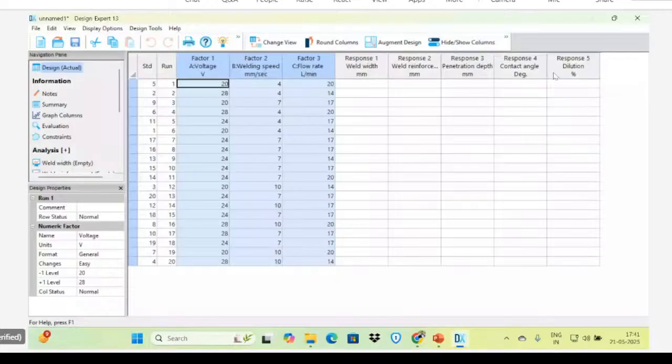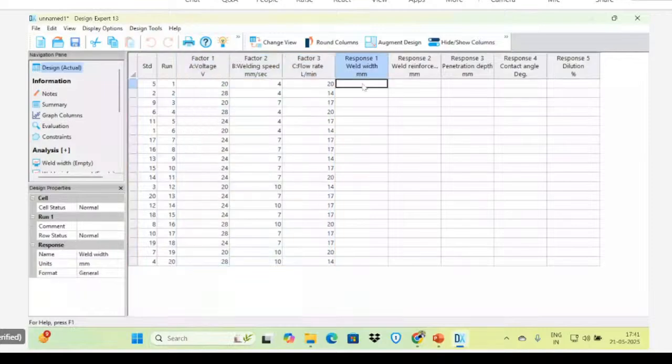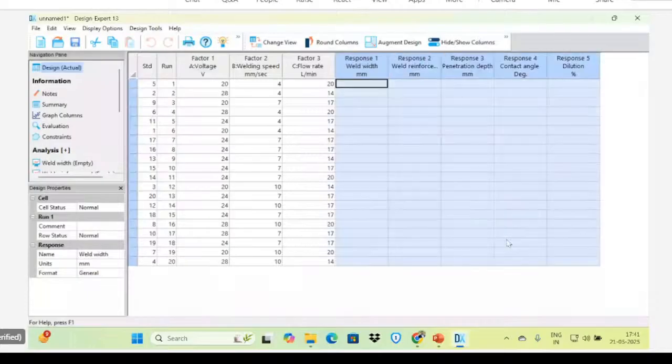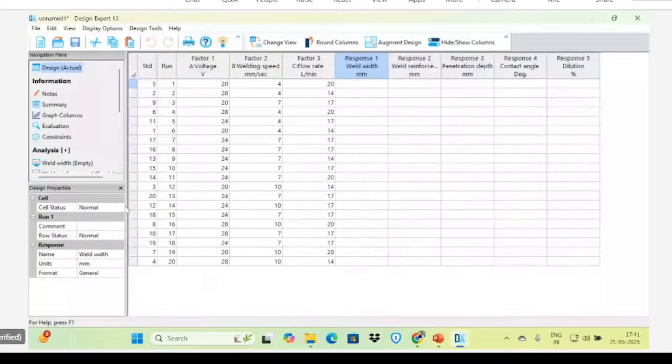All the calculated values from the Excel file you have to put in here. And then the optimization will be starting. So which process parameter combination is the best optimum to get the desired goal? Our desired goal also we have to set here in the optimization.